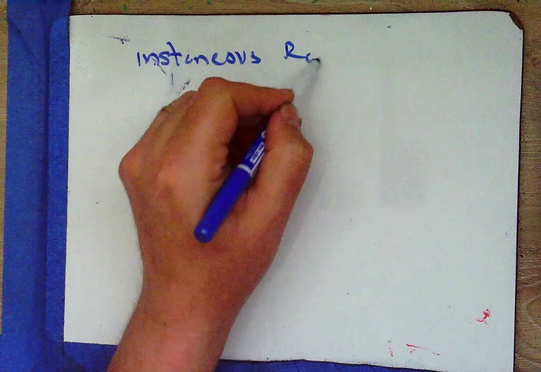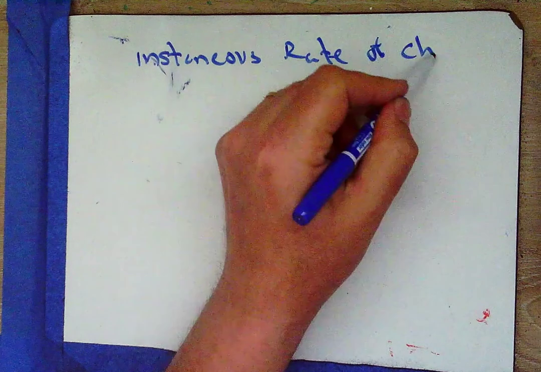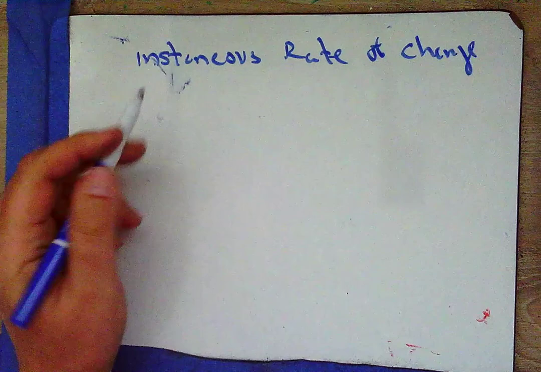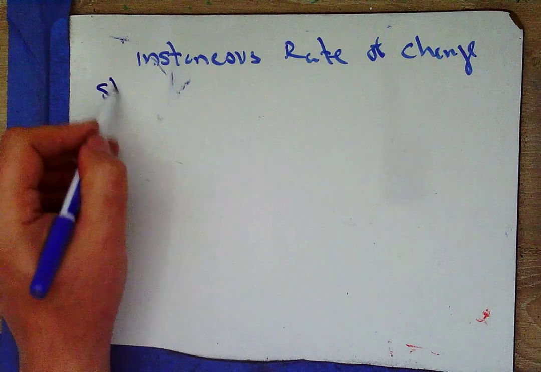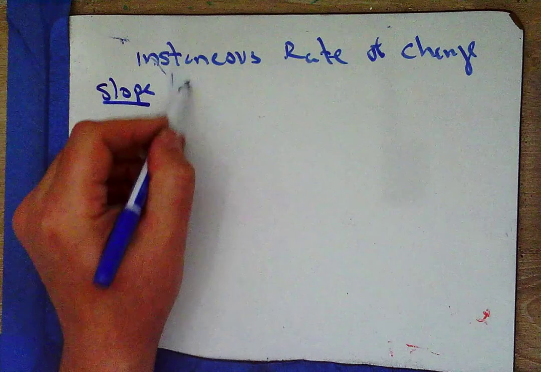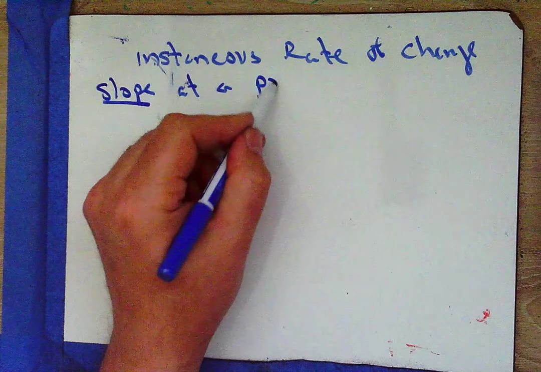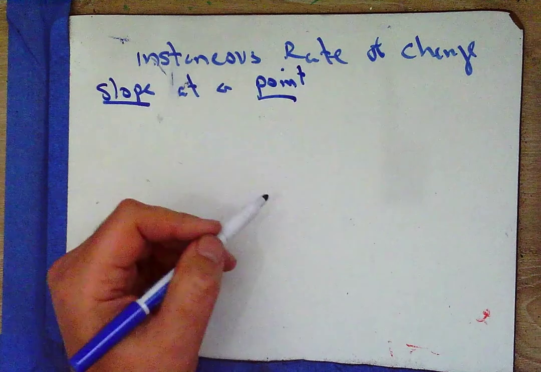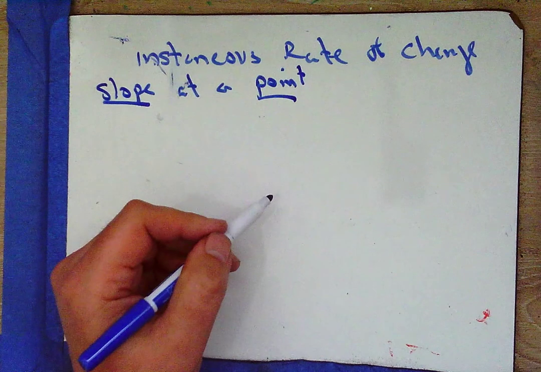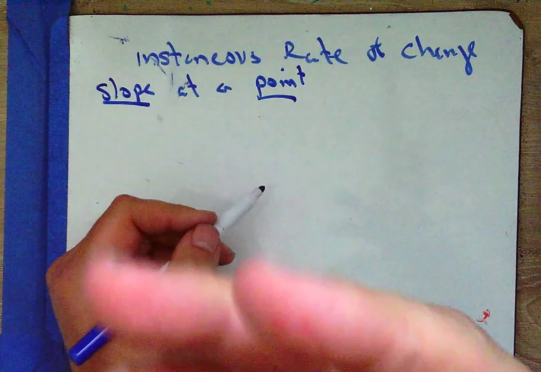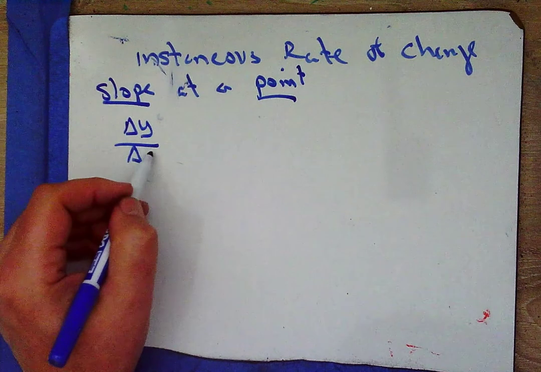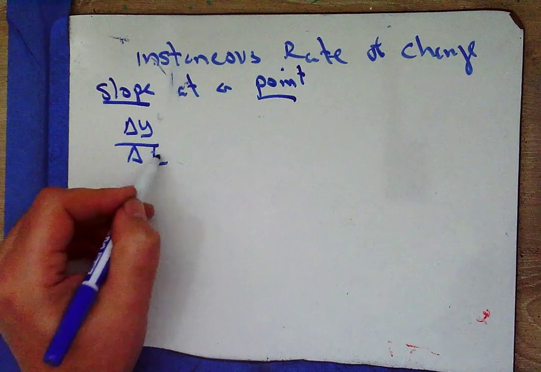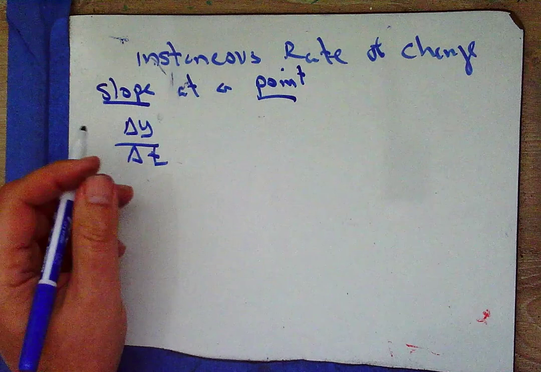Instantaneous rate of change. So they're saying this. We know the instantaneous rate of change would be the slope at a point. We're going to be really challenged to find the slope at a point. But I know it's a change in y's over a change in t's, or a change in x's.